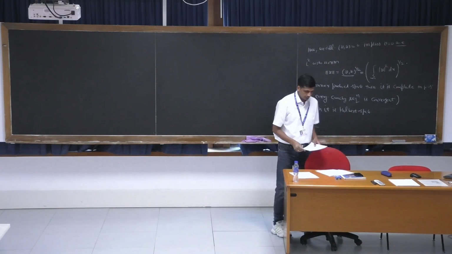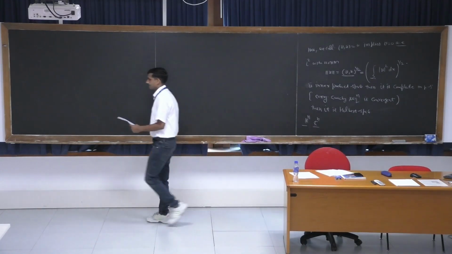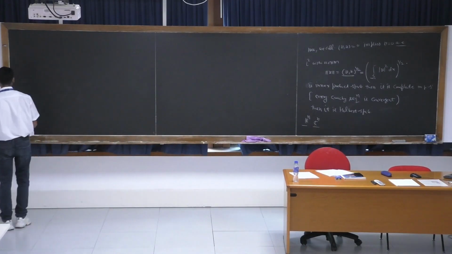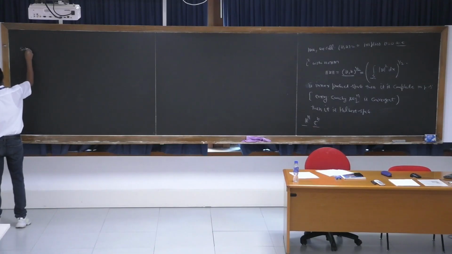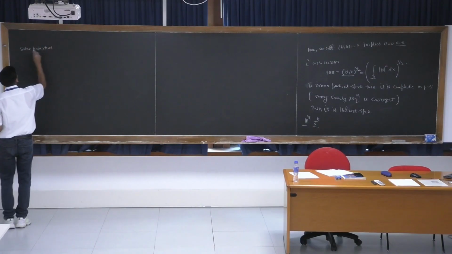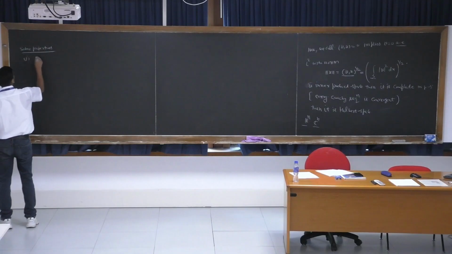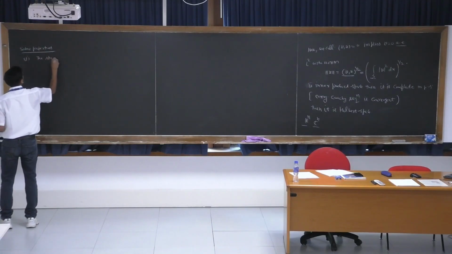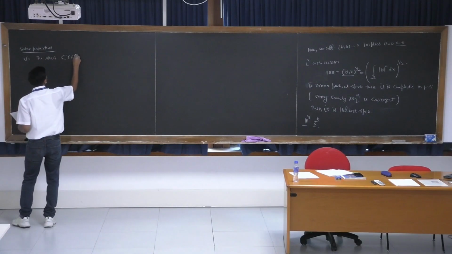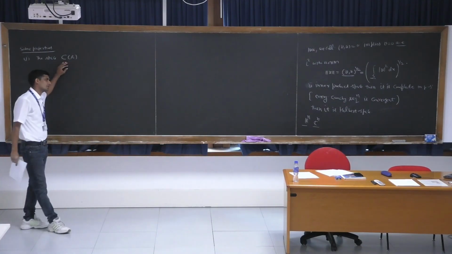So now, some more properties of the L2 space. Number one, this space C omega is the set of all continuous functions.